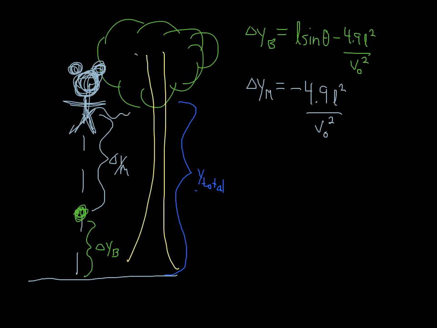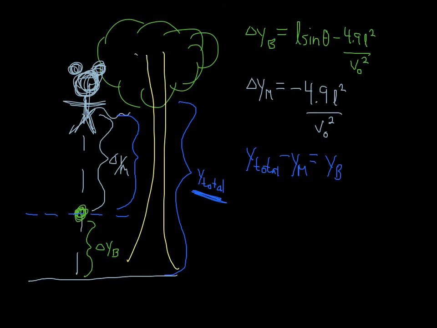And if this total height of my monkey, minus this change in Y of the monkey, however far the monkey falls, ends up being equal to Y bullet. So if Y total minus Y monkey is equal to Y of the bullet, then that means that they're both at this exact same height at the exact same time, and they're going to collide.